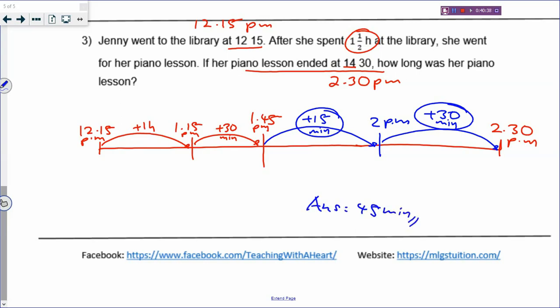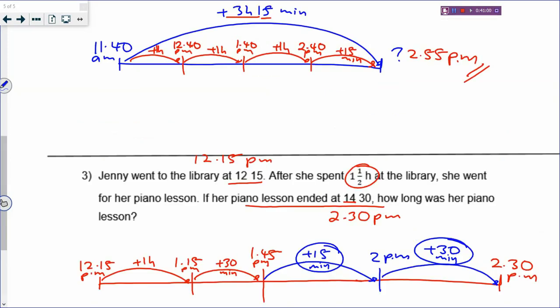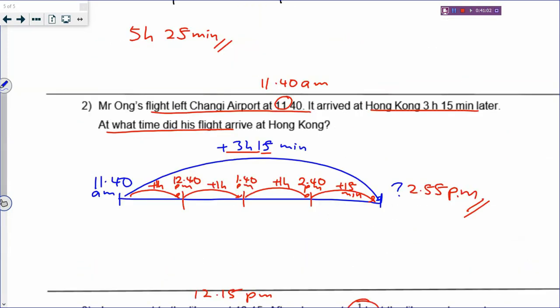So that's how you do the 12-hour time and the 24-hour time. My advice is when you come across a word problem with a 24-hour clock, you change it to 12-hour clock, and then you use the 12-hour clock to work out the answer. And if the question wants you to write your answer in 24-hour format, then you just change back into 24-hour clock.